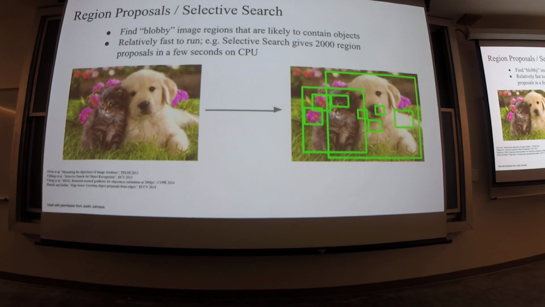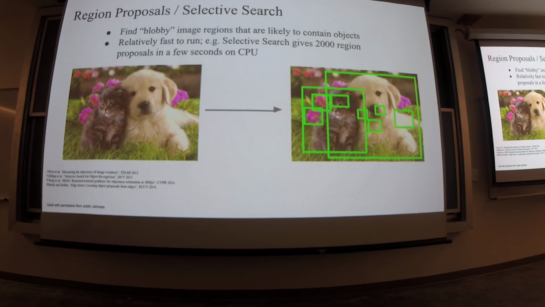The original way this was done was to do some pre-processing on each of the images before you did training. The idea was to use very simple, computationally efficient methods for finding what are, in quotes, blobby regions. These are regions that have very consistent coloring or textures or something like that. And those will be the regions that we actually check for containing objects.